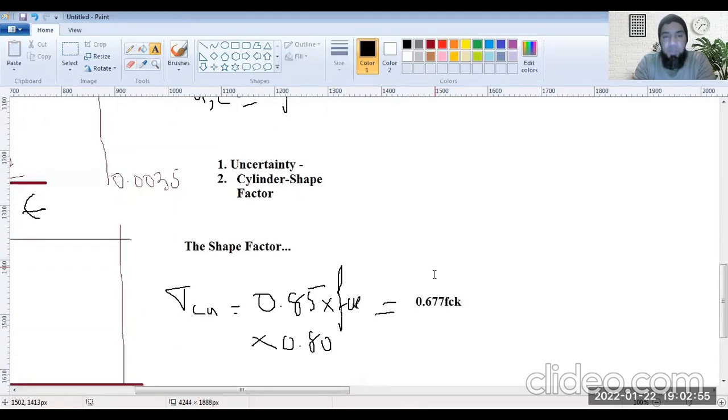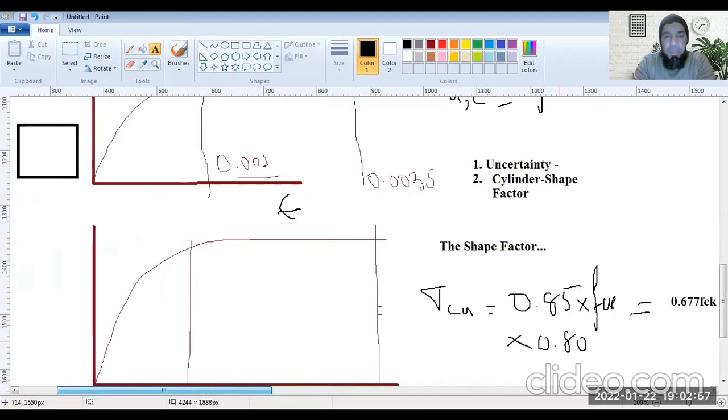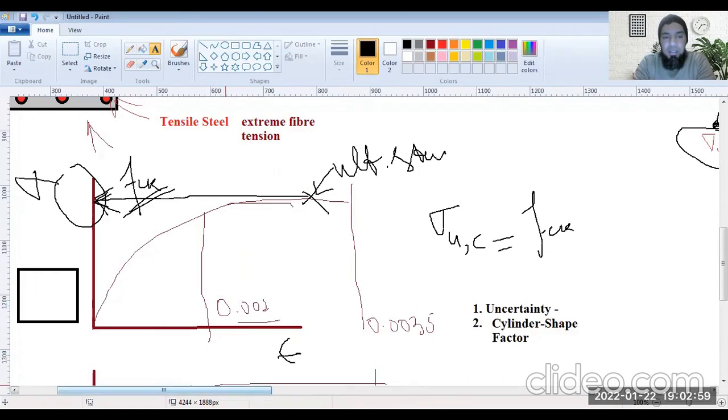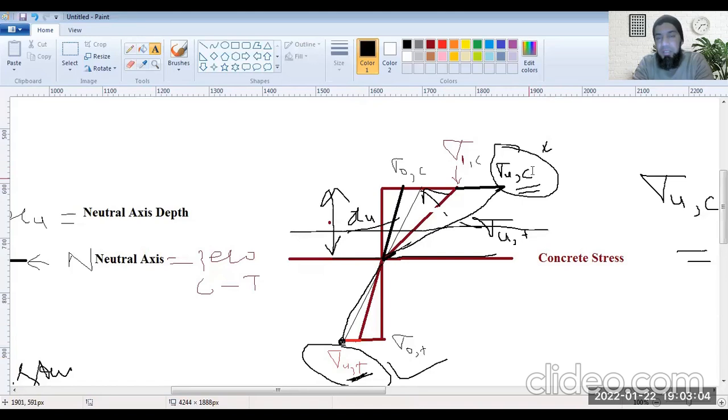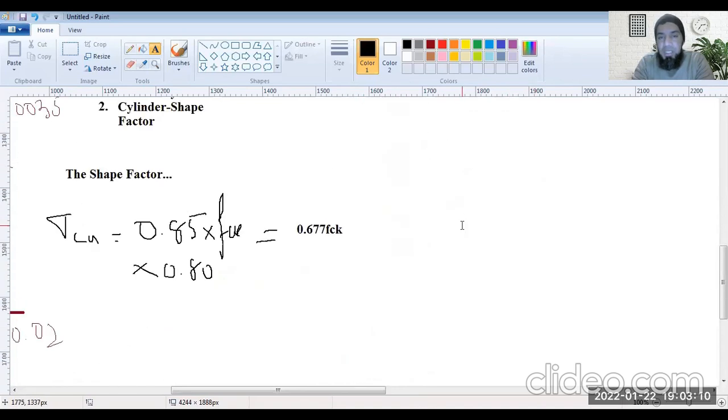So this would be your design compressive strength, the ultimate compressive strength at failure. इसका value ये होगा, sigma UC का value आपका 0.677 FCK है. Otherwise it would have been FCK itself, जो कि मैं अभी कह रहा था. It would have been FCK, but we also take into account the shape factor and the uncertainty, so we keep it a lesser value.